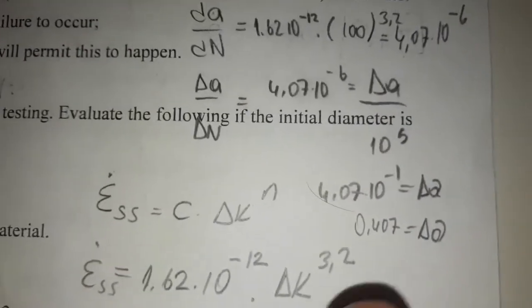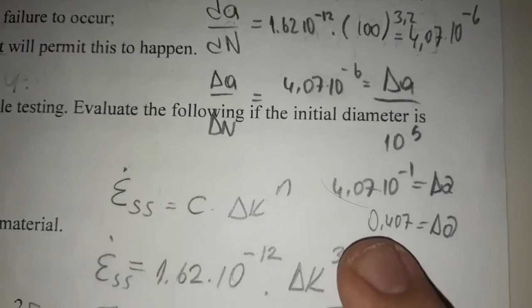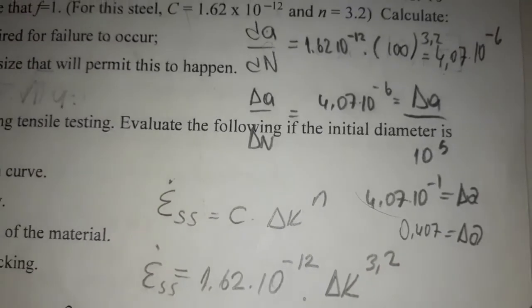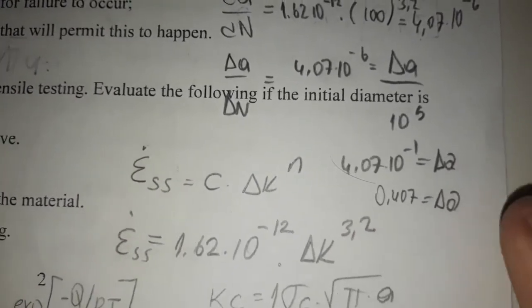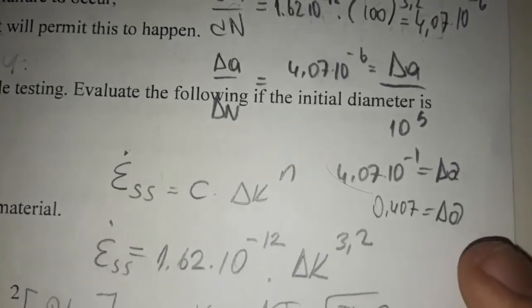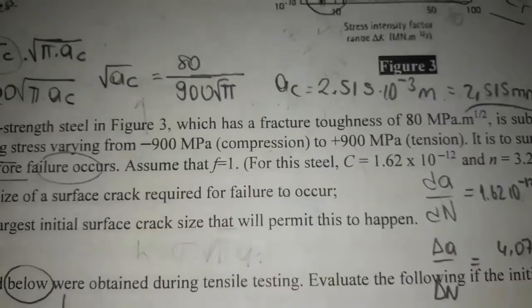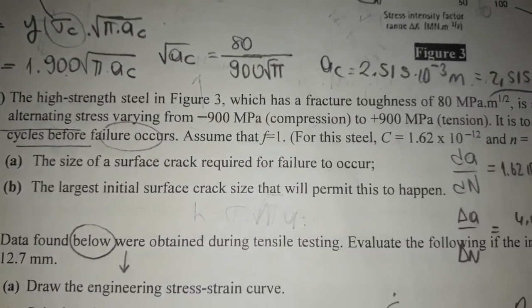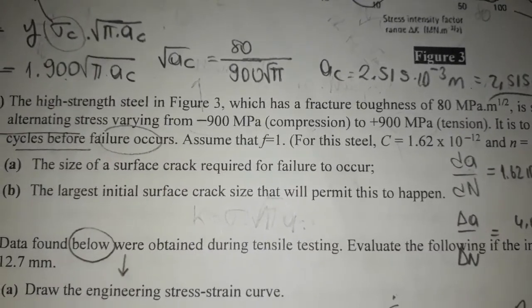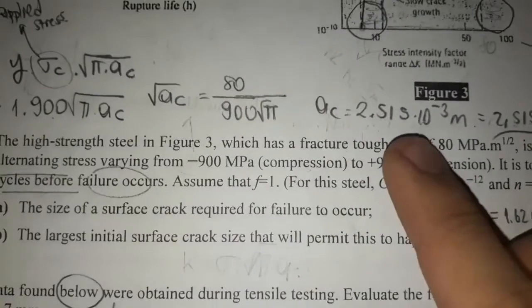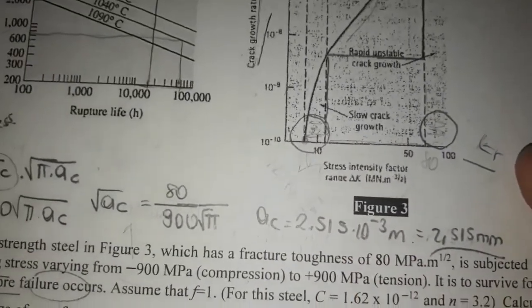You find delta A, which is A at the end minus A0, to find the largest initial surface crack size that will permit this to happen. This is delta A, and the last one is the rupture one.